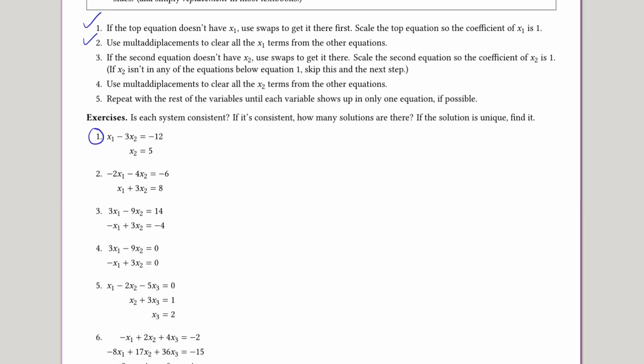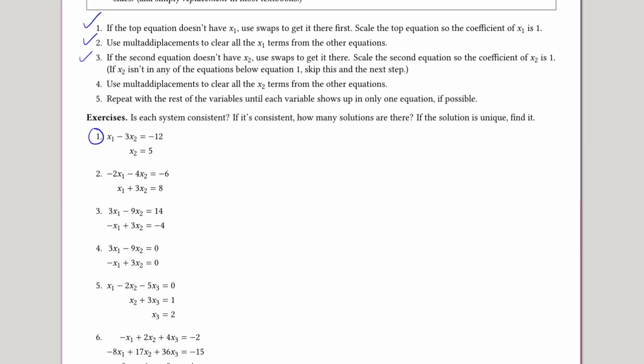Step 3 says if the second equation doesn't have x2, use swaps to get it there, but it already has x2. Scale the second equation so that the coefficient of x2 is 1. That's already done. Then step 4, use multiple replacements to clear all the x2 terms from the other equations. So that means clear away this x2.